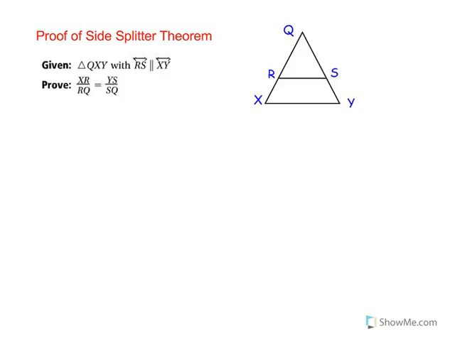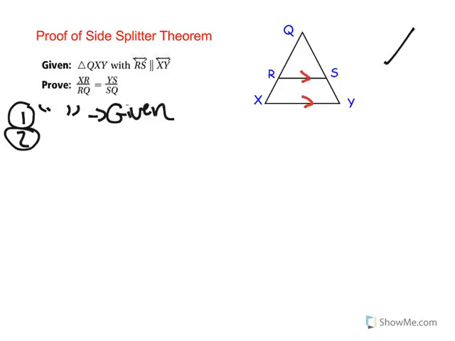So we're starting out with triangle QXY, and RS and XY are parallel. So first is our given. And our first goal is to prove that we have similar triangles.